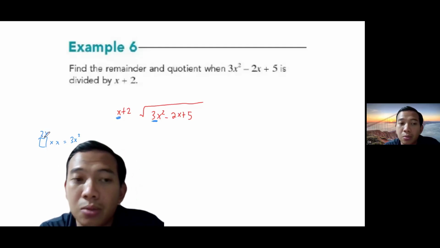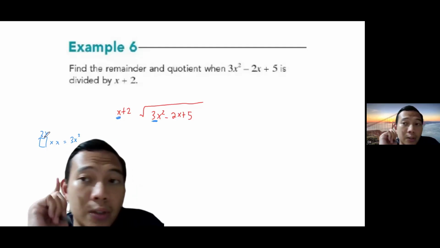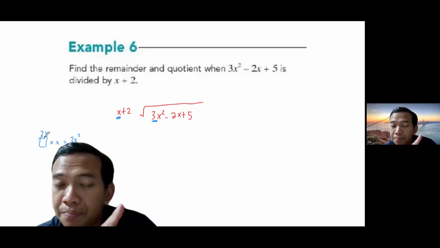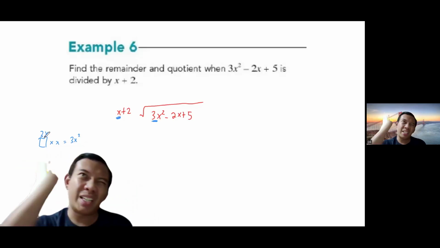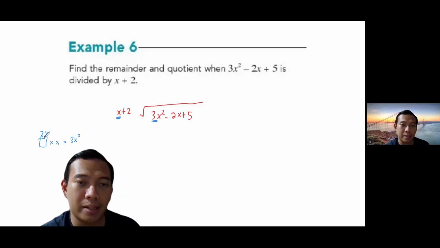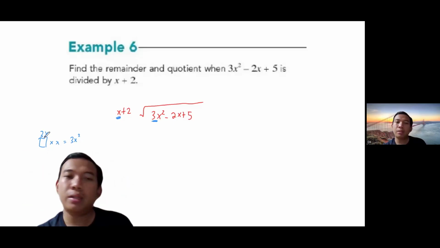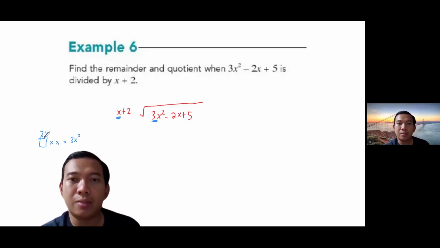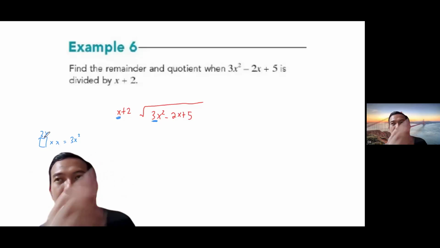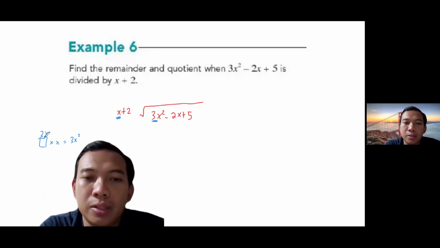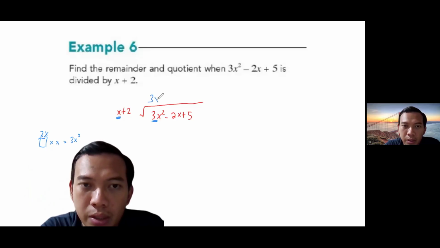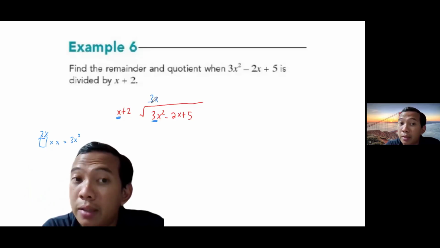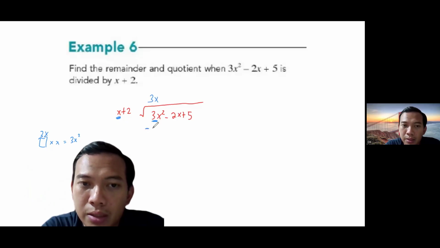So 3x times x, you get 3x squared. That's the first thing, how you want to start. You have to find a number or an expression whereby when you multiply it by the x in front, you will eliminate the first term inside the division, in this case 3x squared. So 3x, when you multiply by x, will eliminate the 3x squared.